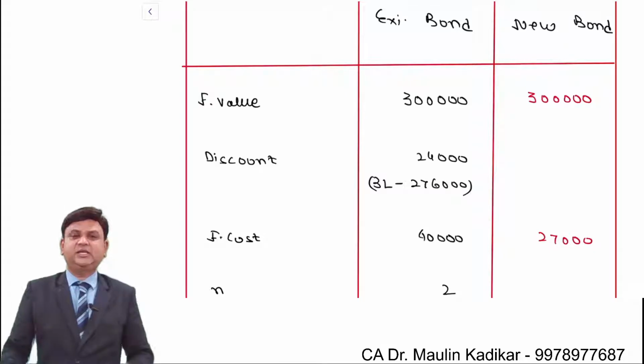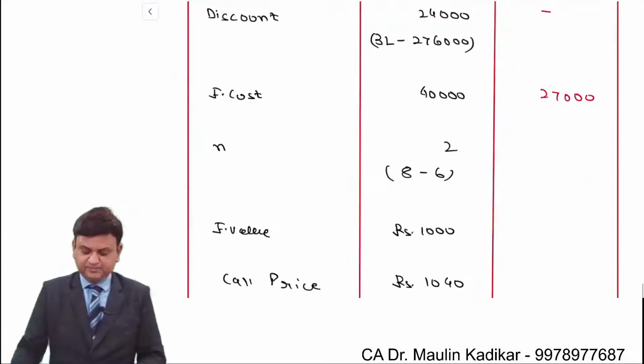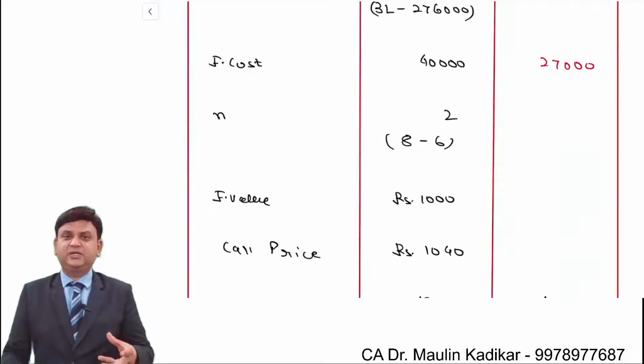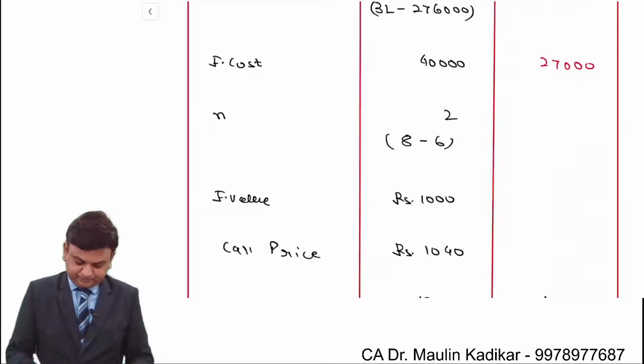Directly or indirectly, no discount information is given, so the discount cost will be 0. Importantly, the new debt financing will be raised for the remaining time period of the existing debt financing, that is 2 years, because only 2 years is left for the existing debt financing.